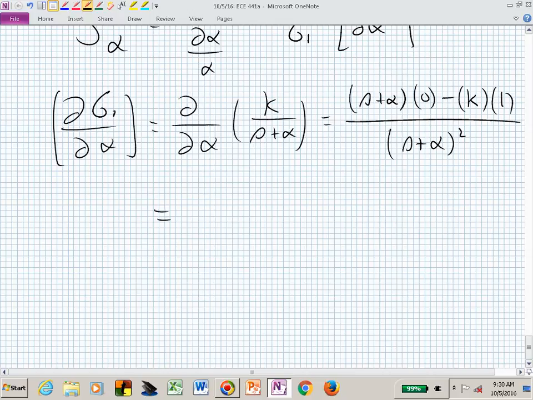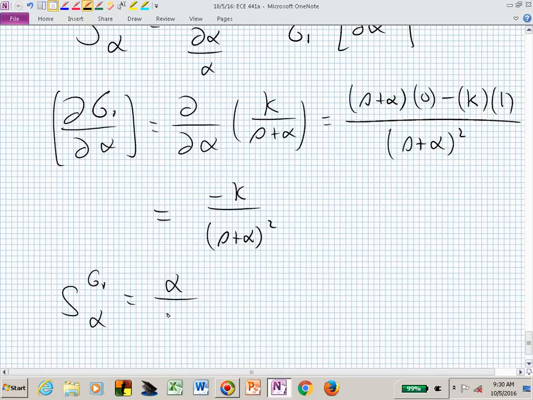Or this now becomes minus k over s plus alpha squared. And we can now use that in our sensitivity expression.